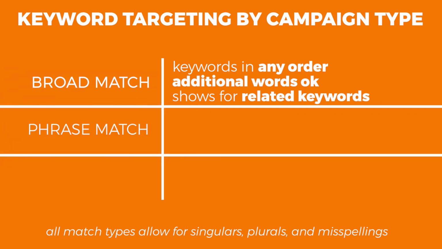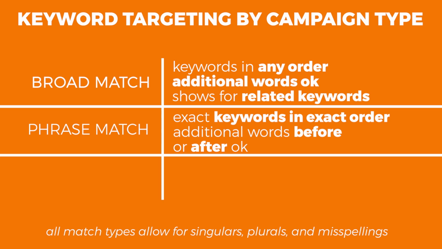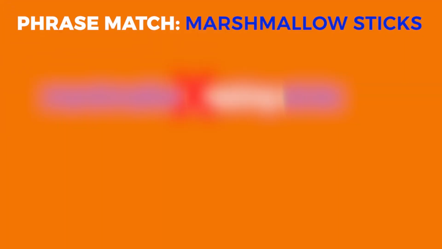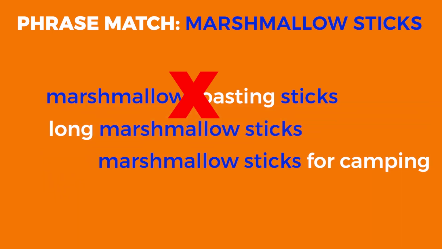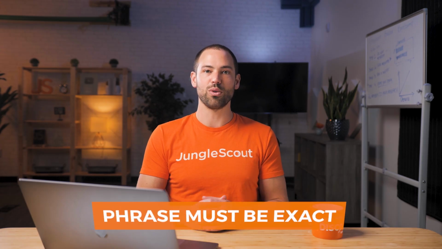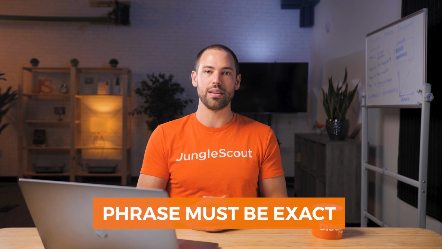Phrase match contains the exact phrase or sequence of keywords that you enter into the campaign. For example, marshmallow sticks cannot have any words in between marshmallow sticks, although it is possible to add words before or after the phrase. This campaign requires the phrase to be written exactly how you enter it into the campaign.